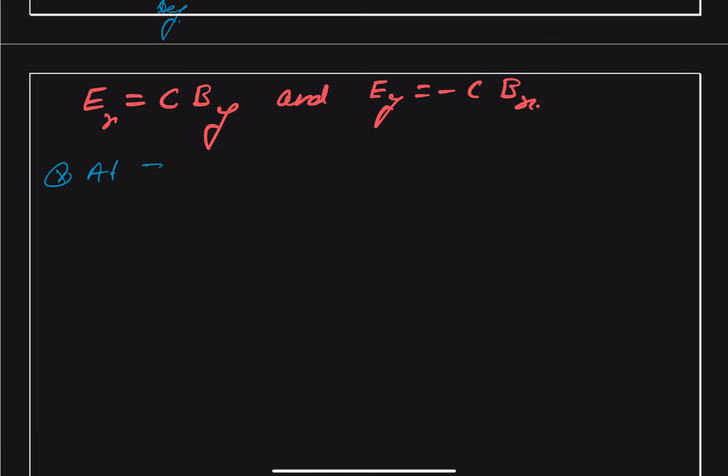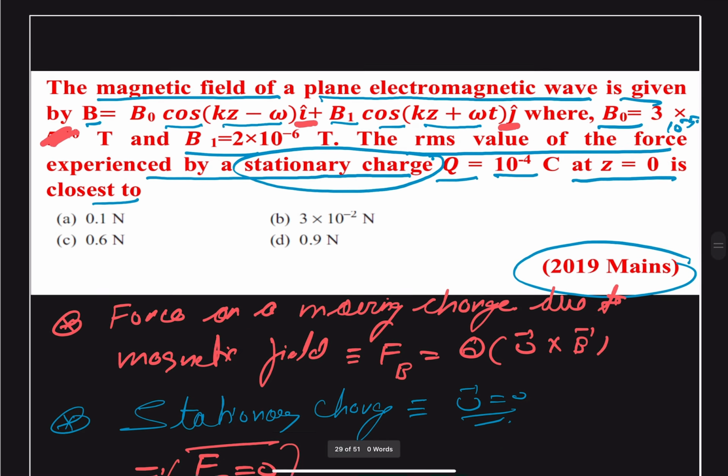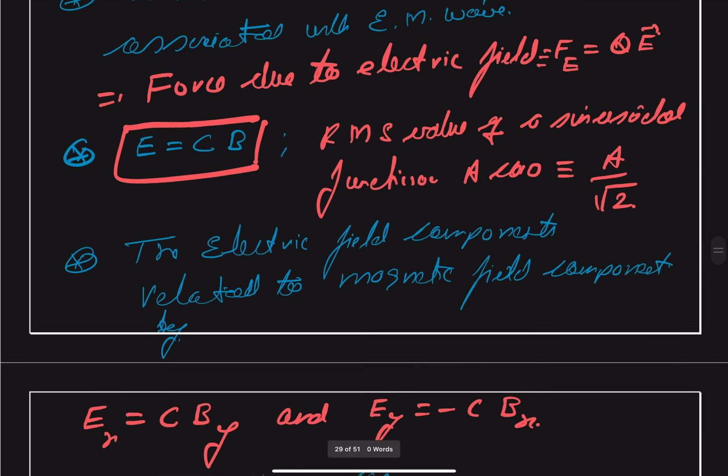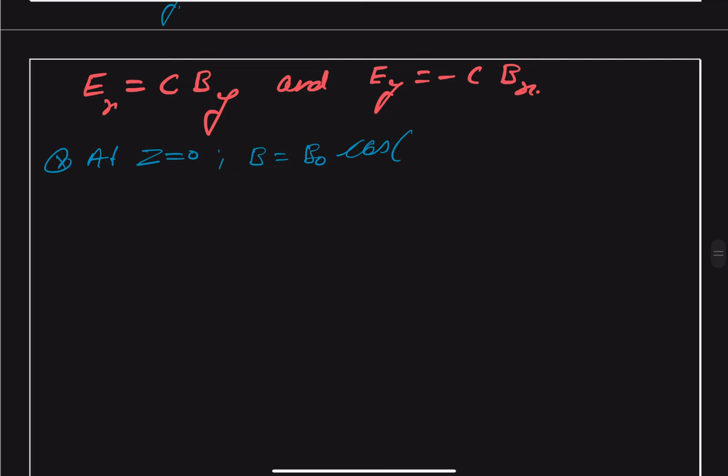At z is equal to 0, the equation is given as B is equal to B naught cos of, we put z as 0, this comes as minus omega t, and we have this i unit vector, plus we have this B1 cos of omega t, and we have this as j unit vector.